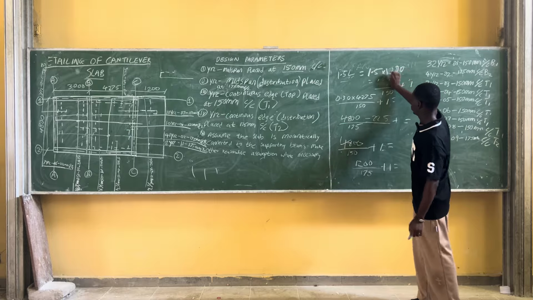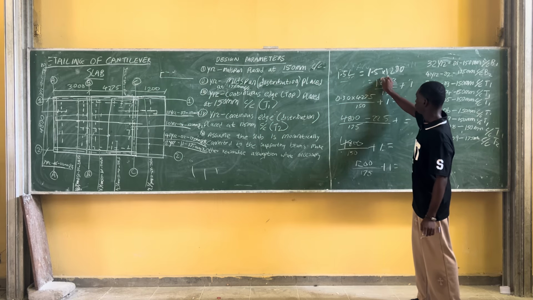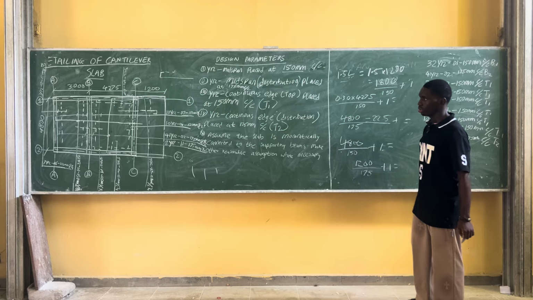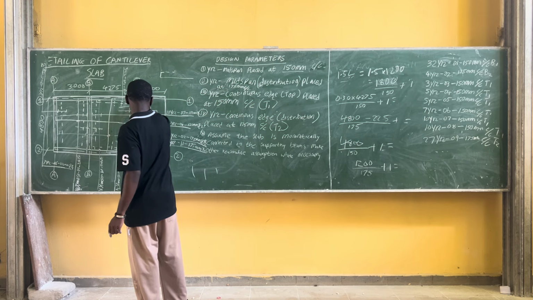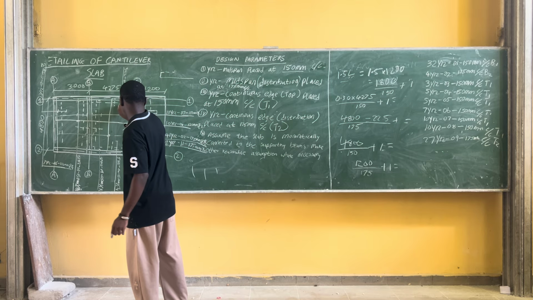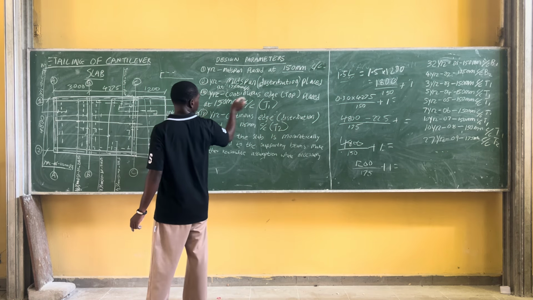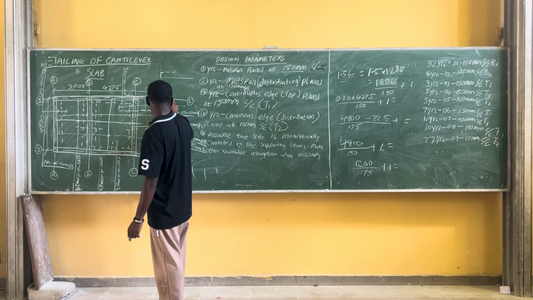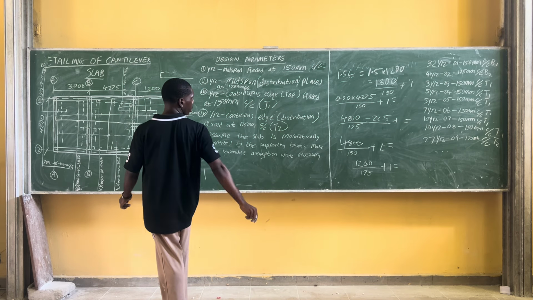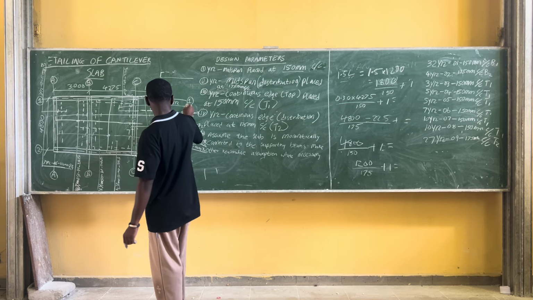13. For this reinforcement, if you draw an indicator line here, which is spanning from here to here, what's the answer? 13, Y12. Bar mark, what again? 12.